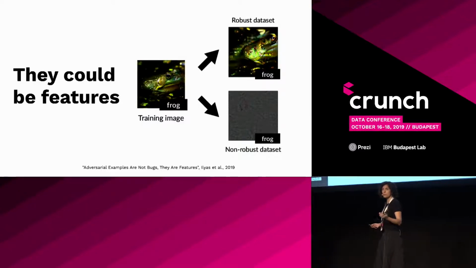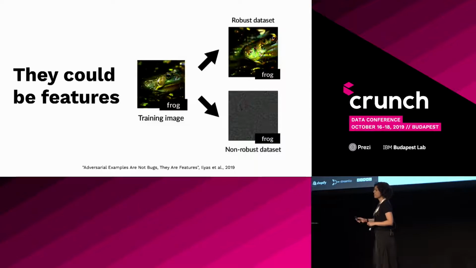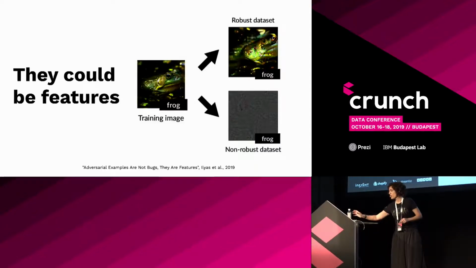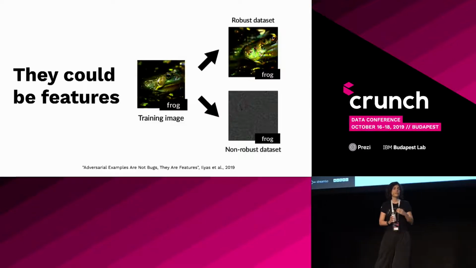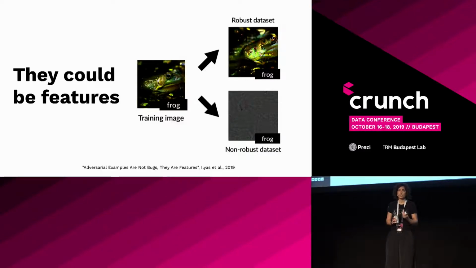And they were able to disentangle what they called robust features from vulnerable features. Meaning, there are features that the neural networks see, and that when they get perturbed, they produce a huge impact, but humans are not aware of them.